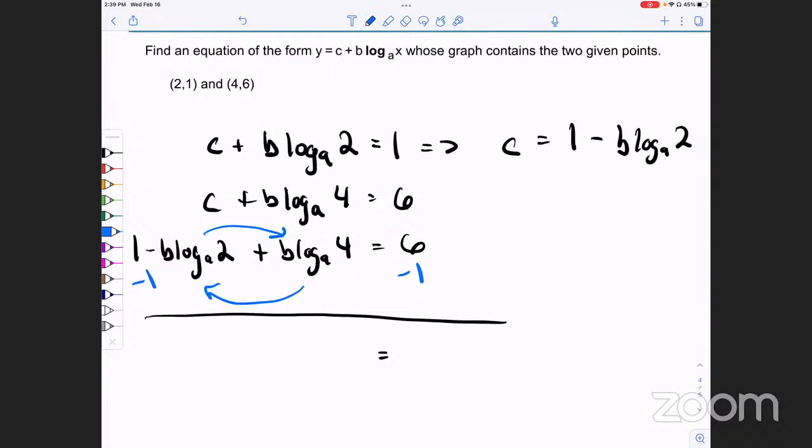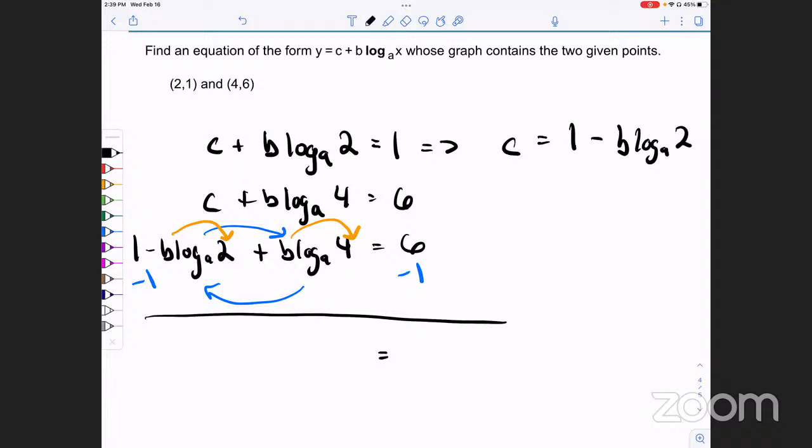Go ahead and use the power rule where I'm gonna move these b's to the exponent. I know there's a lot of arrows. Here, let me do this so I can make a distinction. I'm gonna move this b to the exponent, this b to the exponent. Okay.